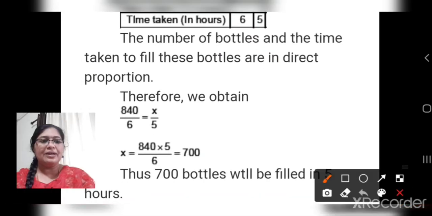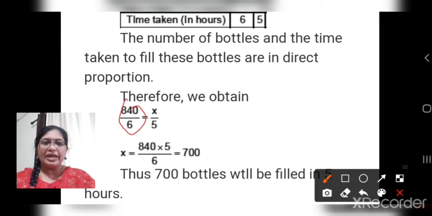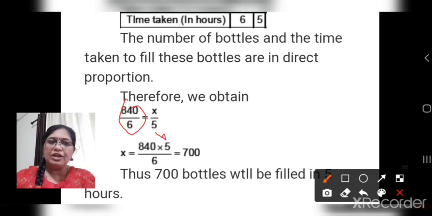So here children, 840 by 6 is equal to X by 5. Now you should find the value of X. Divided by 5 means when it goes to the other side, it will be multiplication. So 840 into 5 by 6 is equal to 700. So 700 bottles can be filled in 5 hours.